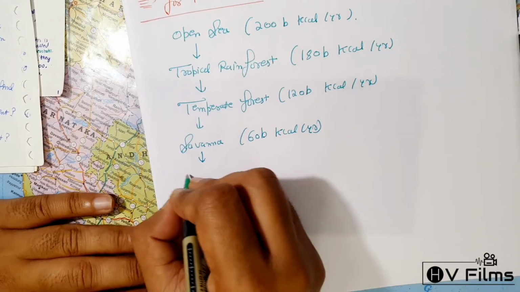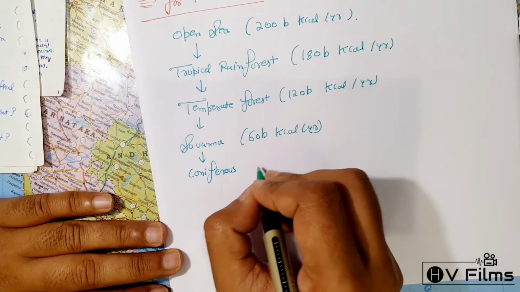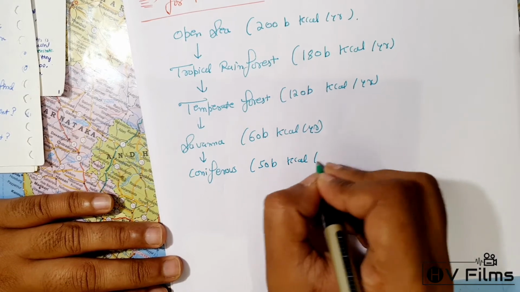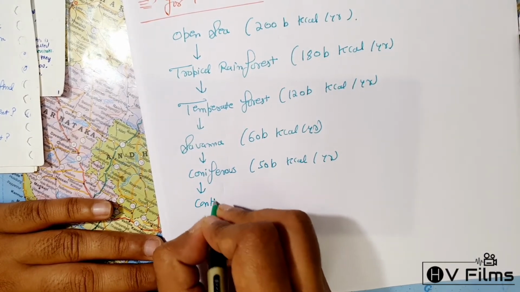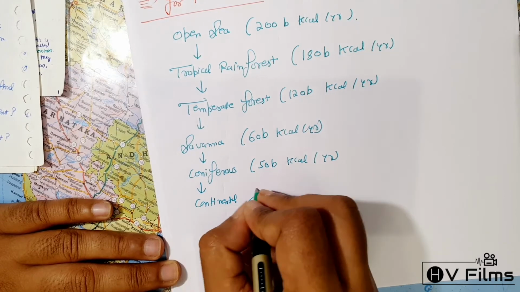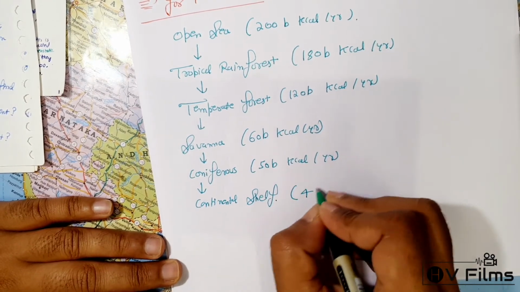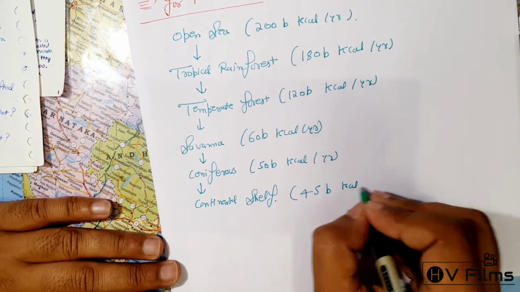Then coniferous, which is 50 billion kilocalories per year. Then it could be continental shelves, which is like 45 billion kilocalories per year.